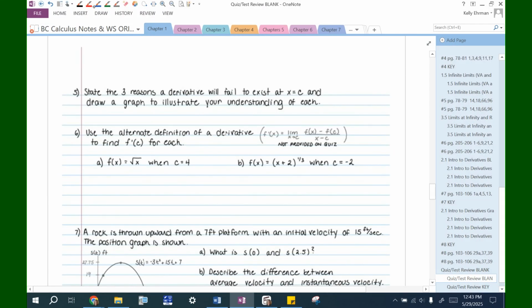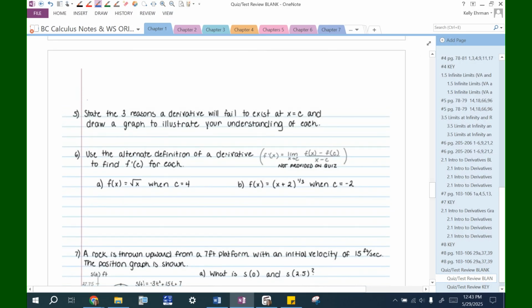State the 3 reasons a derivative will fail to exist at x equals c and draw a graph to illustrate your understanding of each. So I'm going to draw the graph up here. So scenario 1 is, it doesn't matter what order you do these in, f of x is unbounded at x equals c.